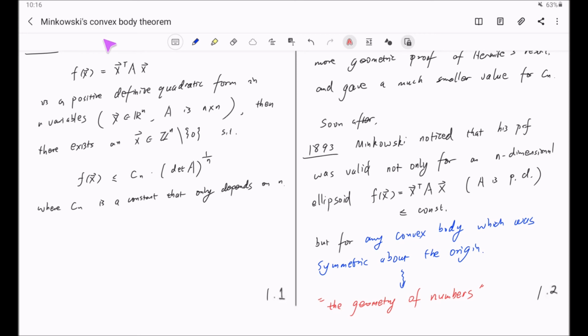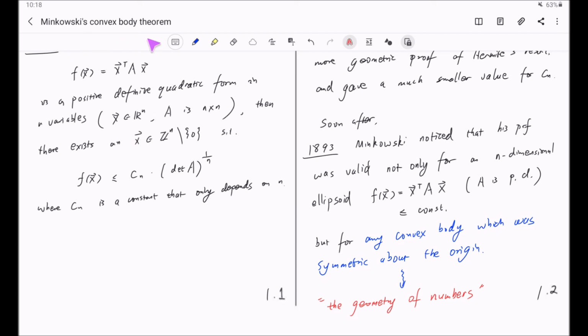The Minkowski's convex body theorem basically says, if you have a convex body that is symmetric about the origin, then as long as this body is big enough, it must contain a non-zero integer vector, like in here.